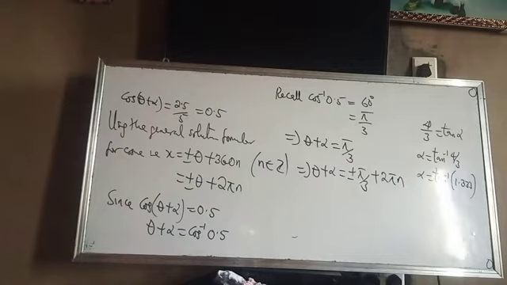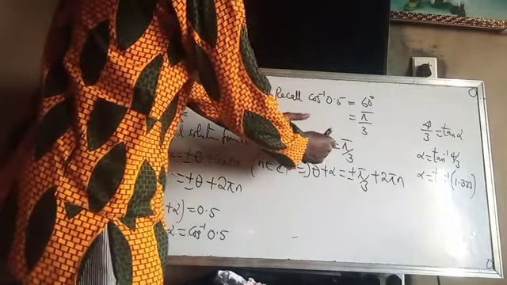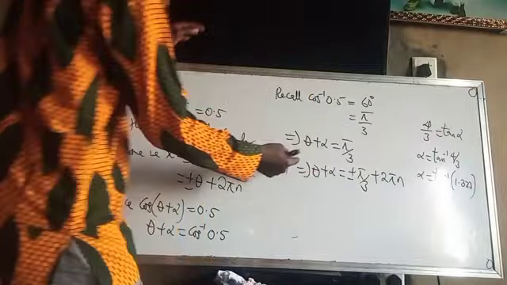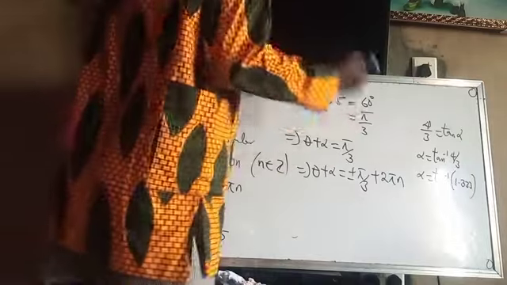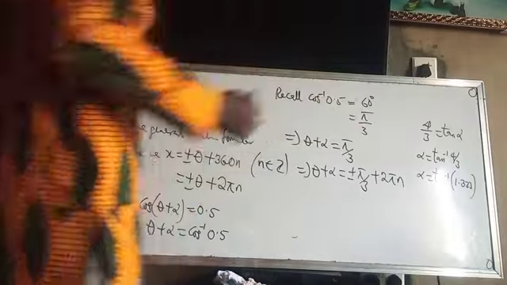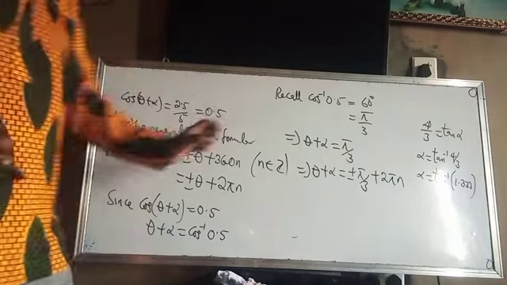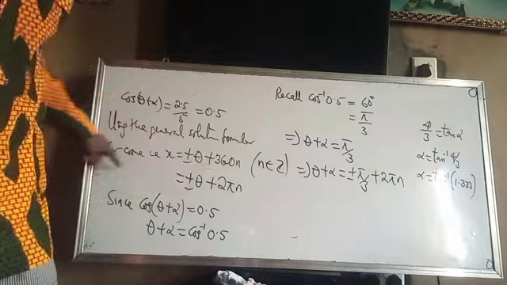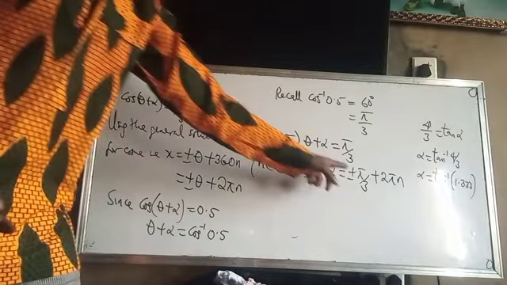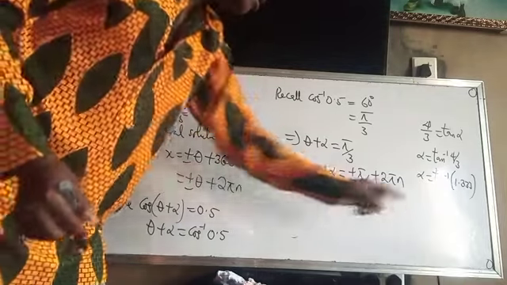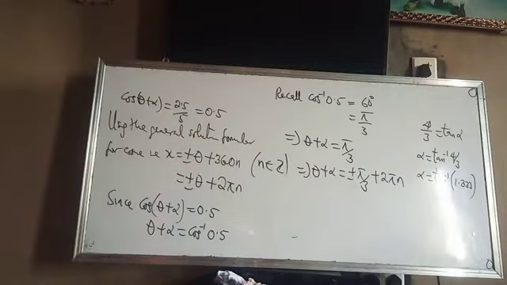Theta plus alpha is now pi over 3. This theta plus alpha is like the entire theta itself, you can say it's like x. So writing it in the form of the general solution of cosine, it will be plus or minus pi over 3 plus 2 pi n.